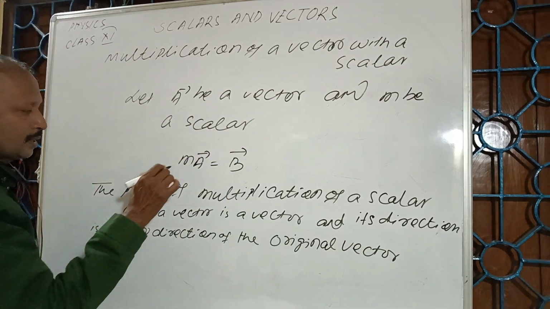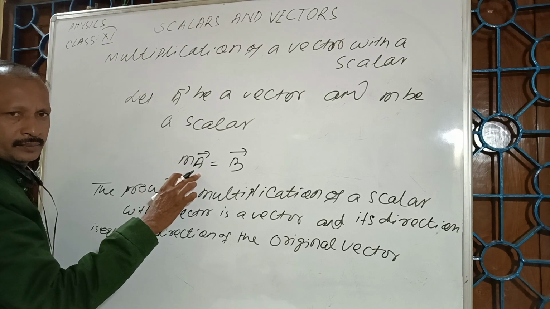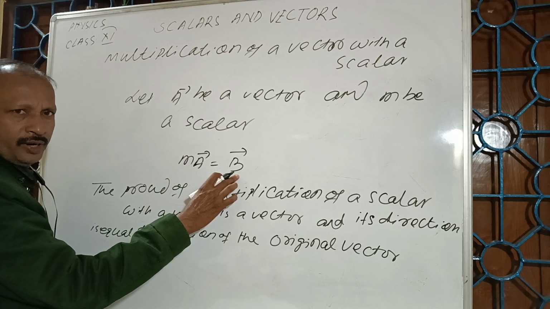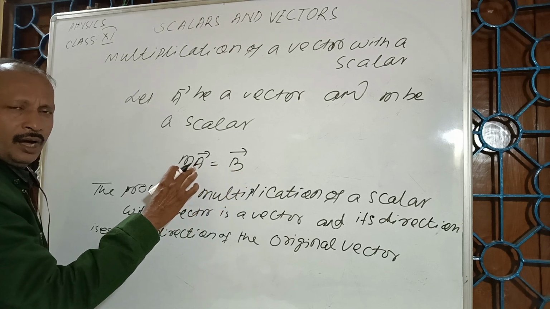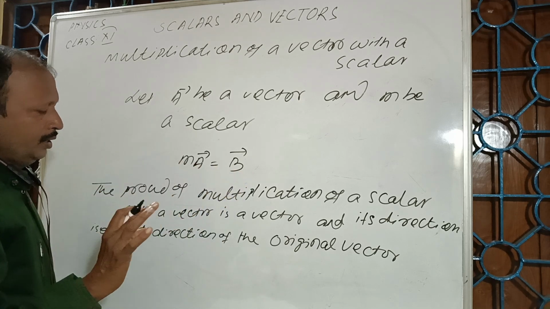So in this case, A is the original vector, B is the product vector. Its direction is equal to direction of the vector A.